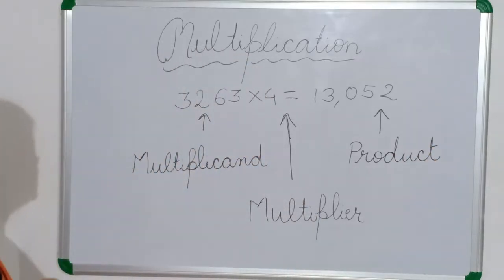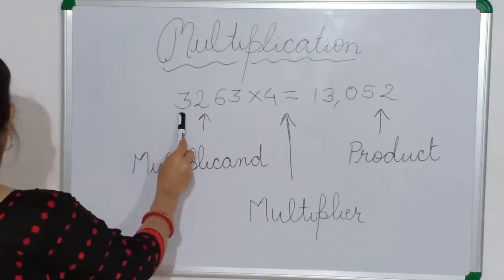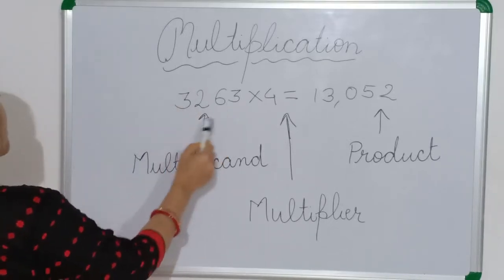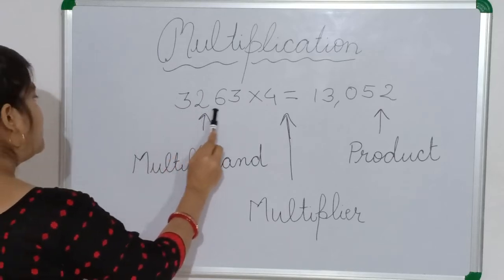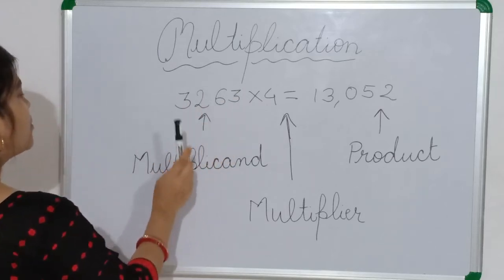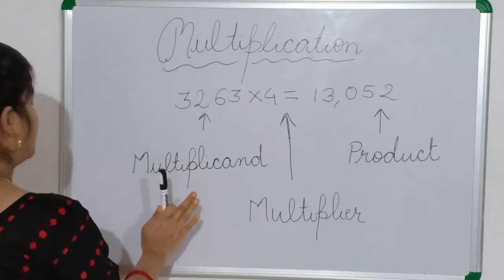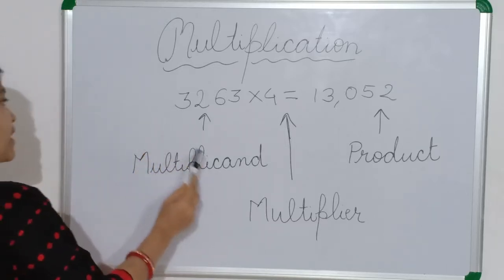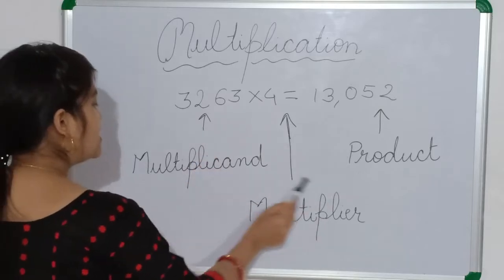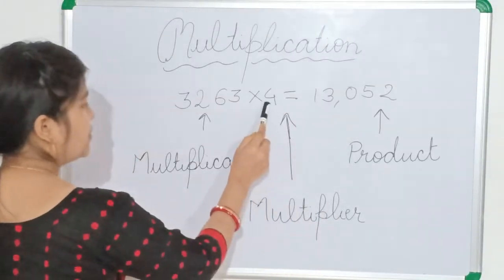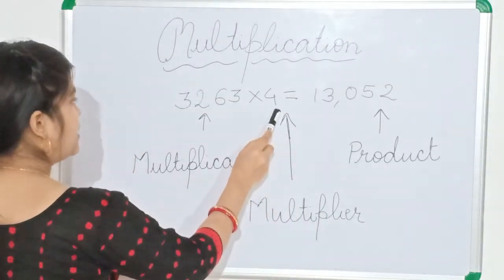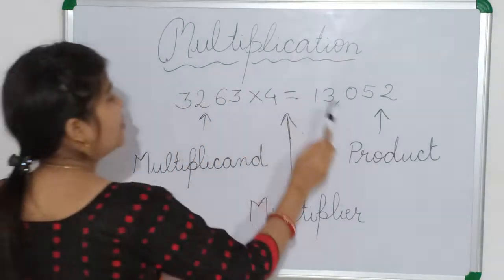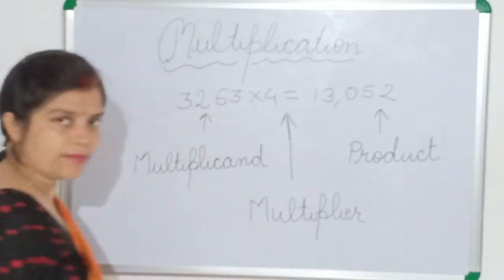So try to understand here. The number being multiplied is called multiplicand, and the number which multiplies the multiplicand is known as multiplier. So here 4 is a multiplier, and then the answer is known as product.